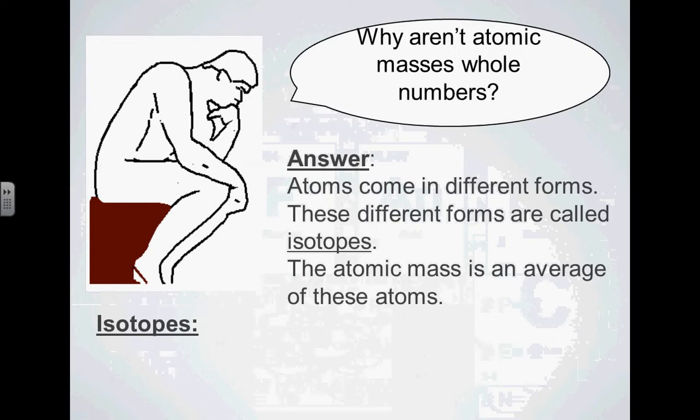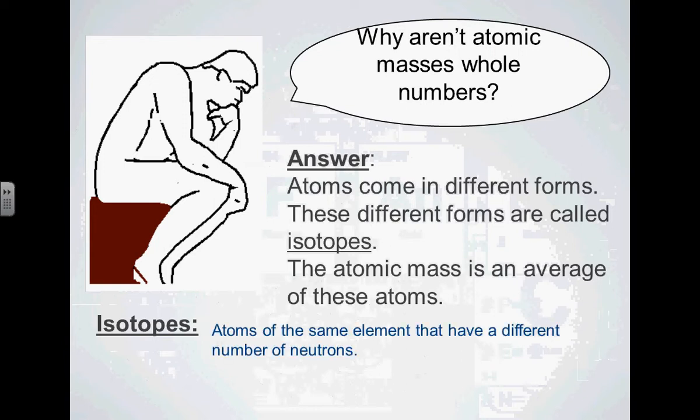Sometimes there could be versions of an element that have a different number of neutrons. And we call those isotopes. An isotope is an atom of an element that has a different number of neutrons. So it can't have a different number of protons because then it would be a different element.